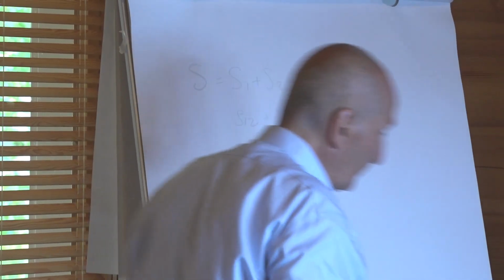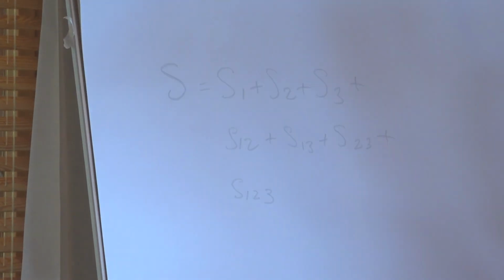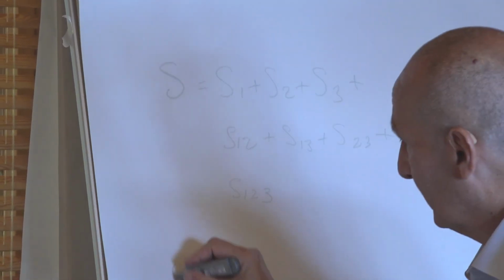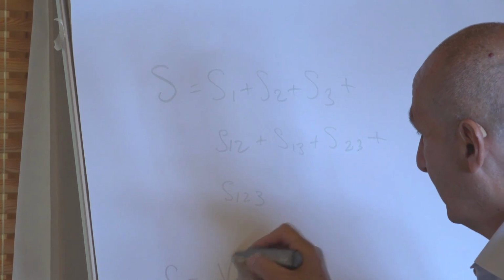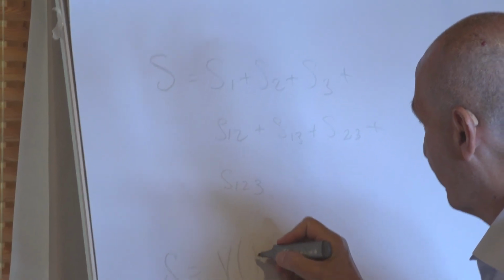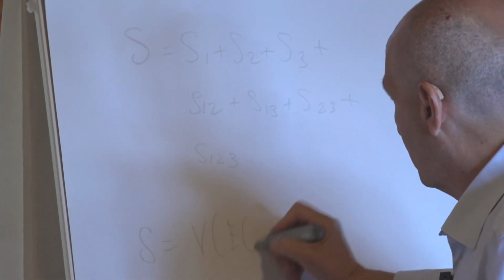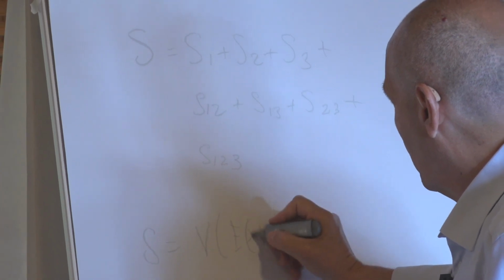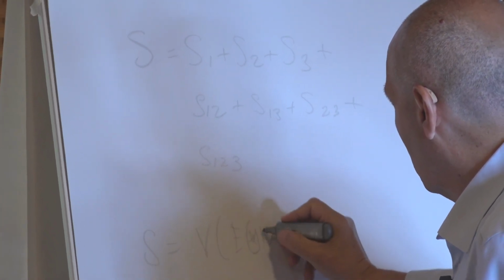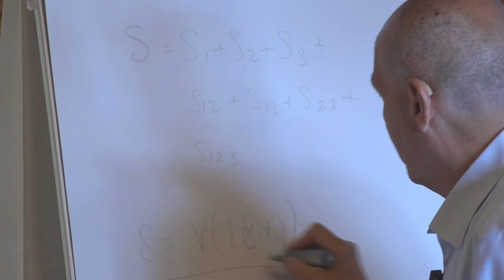So this would be the full functional decomposition or variance decomposition, because S is simply the conditional variance divided by the unconditional variance, okay? So each of these is some kind of conditional variance divided by the unconditional variance, a number between 0 and 1.